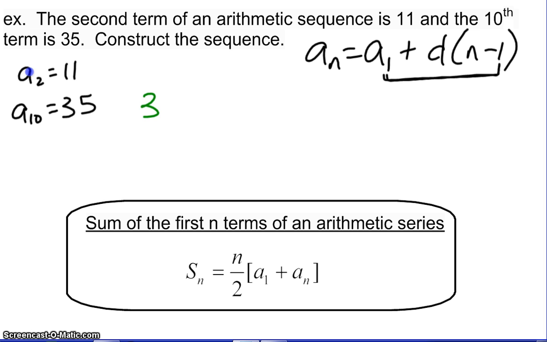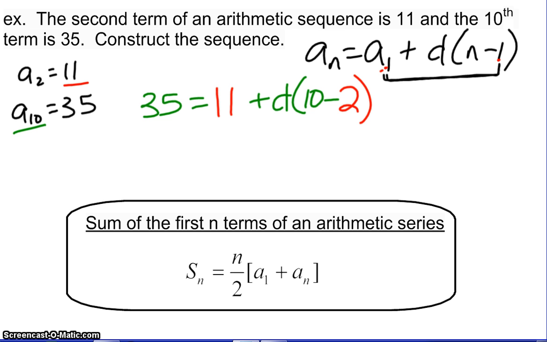So we have the 10th term right here, which means that our n value is going to be 10. But then what we also have here is that the second term is 11. So we'll put 11 here instead of it being the first term, which means that this 1 is now going to turn into a 2 because it's the second term.